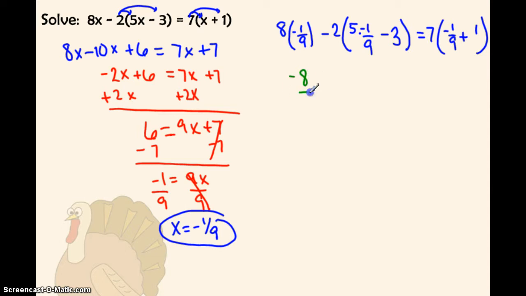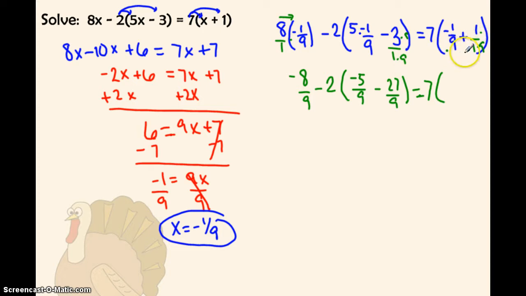So negative 8/9, because 8 is 8 over 1, when we're multiplying fractions, we go straight across, minus 2 times the quantity of negative 5/9 minus, I'm going to write a common denominator here right away. So this is 3 over 1, so I'm going to multiply the numerator and denominator by 9, 27/9, equals 7 times, get your common denominator, so 9 over 9. 9 minus 1 gives me 8/9.